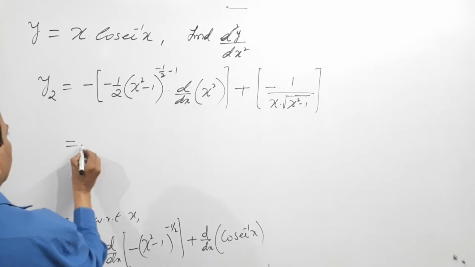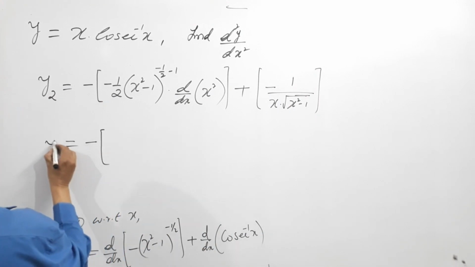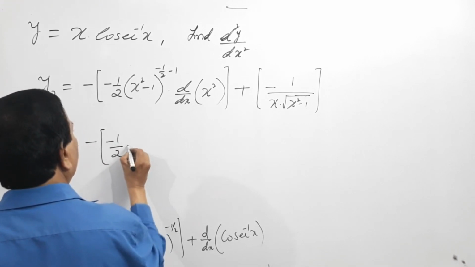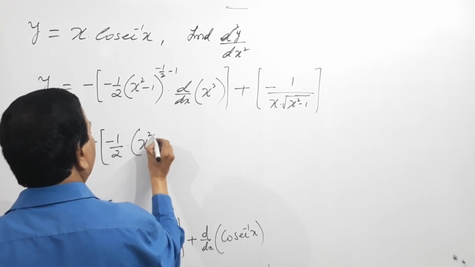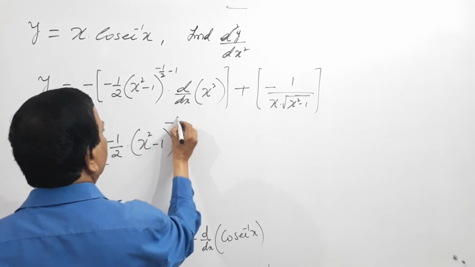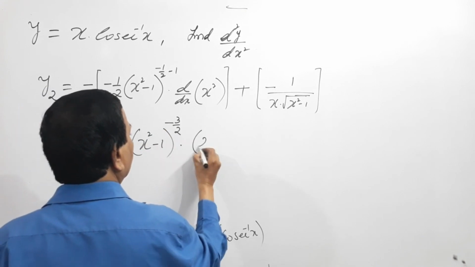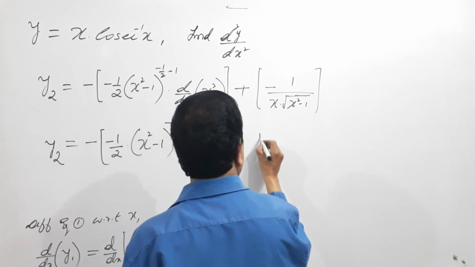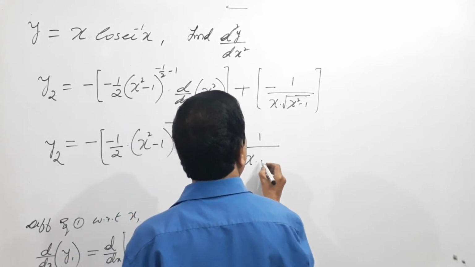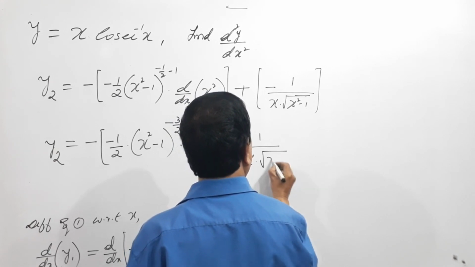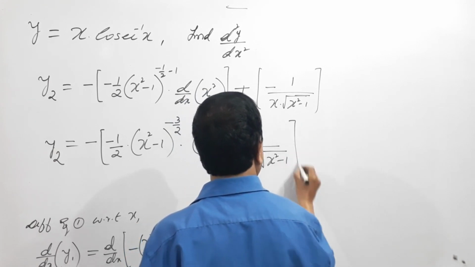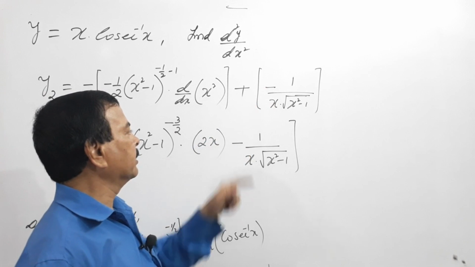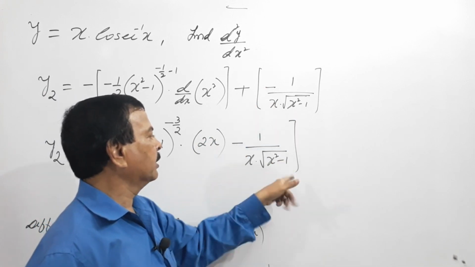What happens to this? This is y2 equals to minus half into x square minus 1 to the power of minus 3 by 2 into 2x, minus 1 by x into under the root x square minus 1. So this minus into plus becomes minus. So 1 by x into under the root x square minus 1.